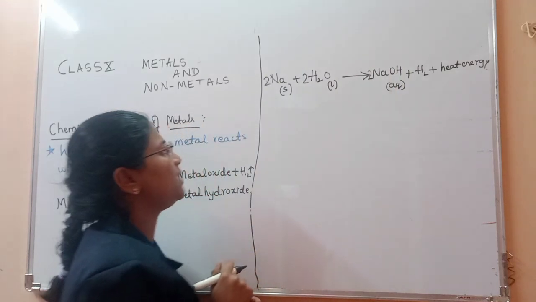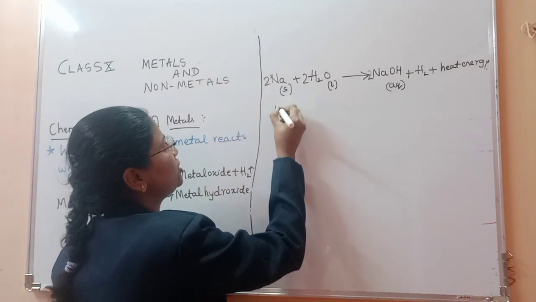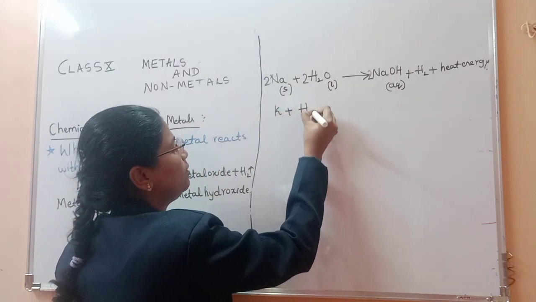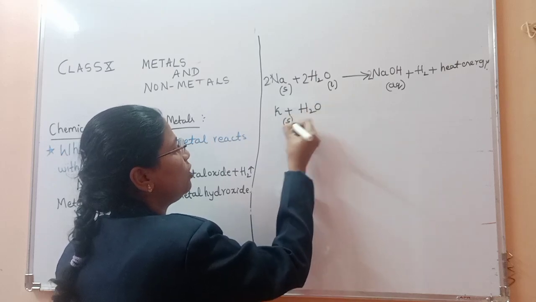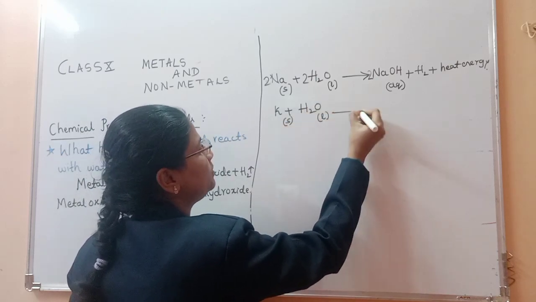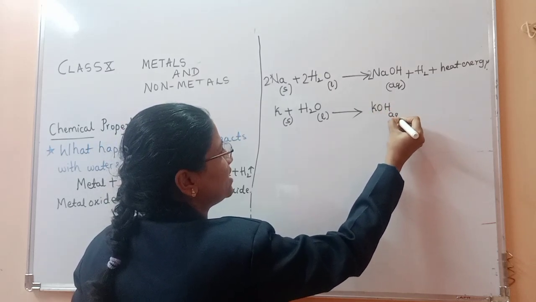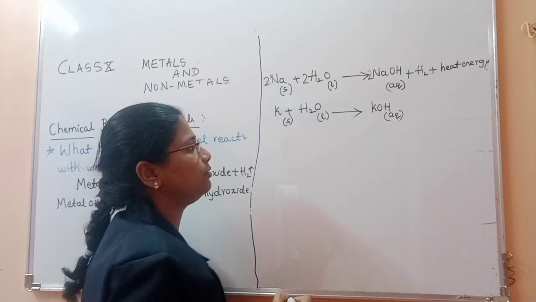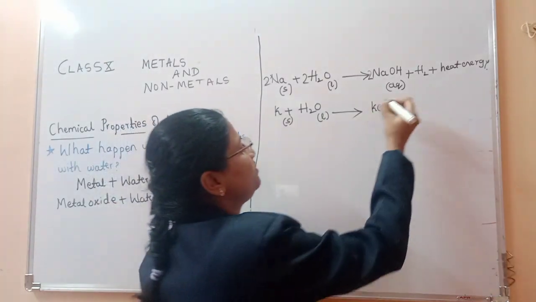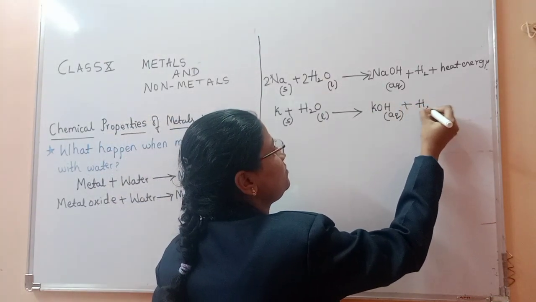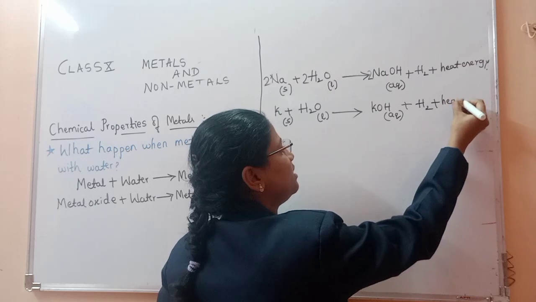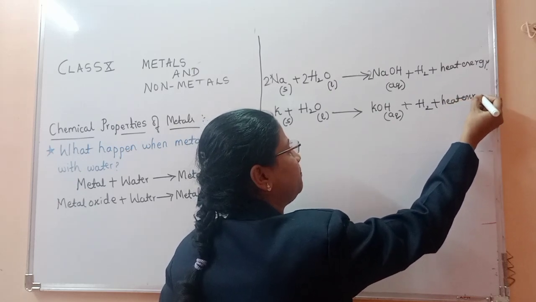Similarly, when potassium reacts with water, potassium is in solid form, water is in liquid form. We get KOH, potassium hydroxide, then hydrogen with an enormous amount of energy.